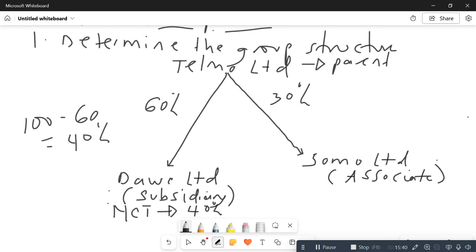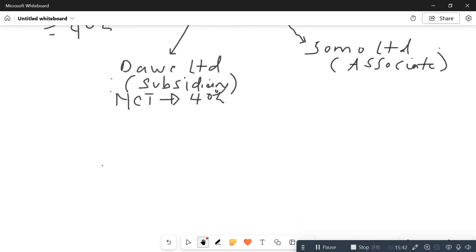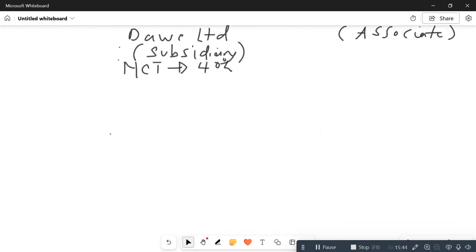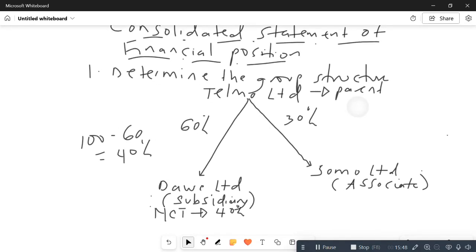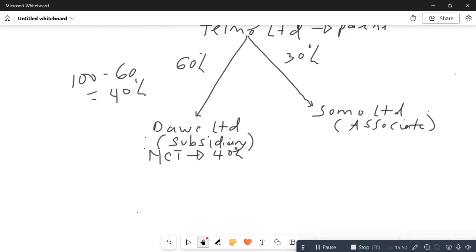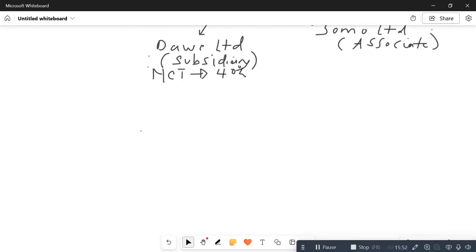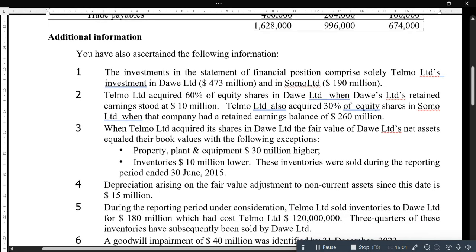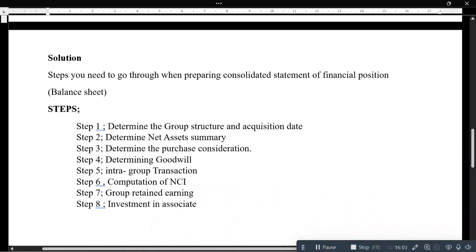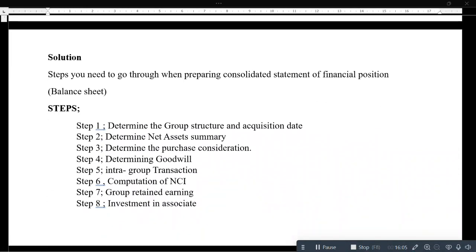Let's try to look at step 2. Step 2 is given here under our steps. Step 1 was for determining group structure.